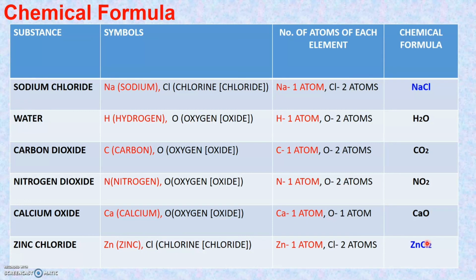Why is it so? Now, in order to understand this difference, we need to know the combining capacity or the valency of a few elements and the valency of a few radicals. Now, we are going to see what are radicals in the next video.